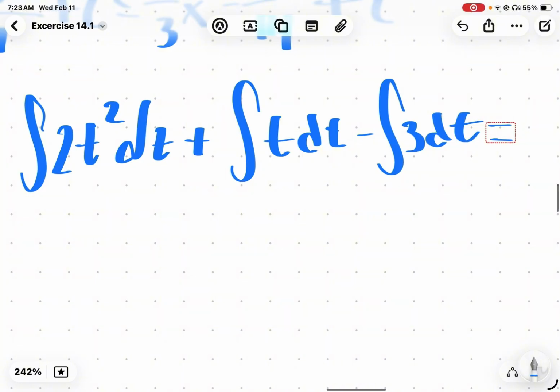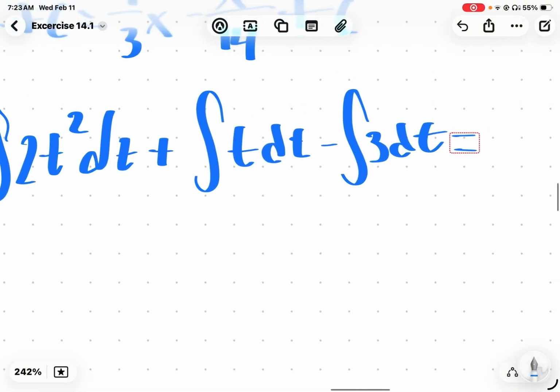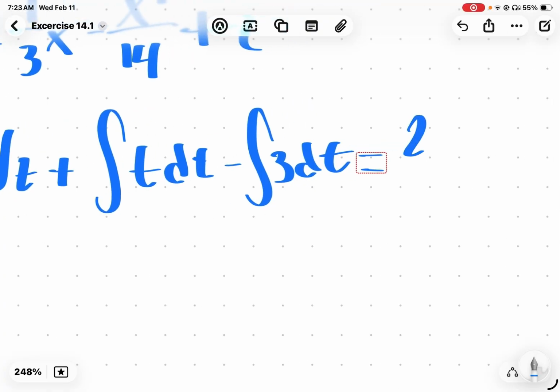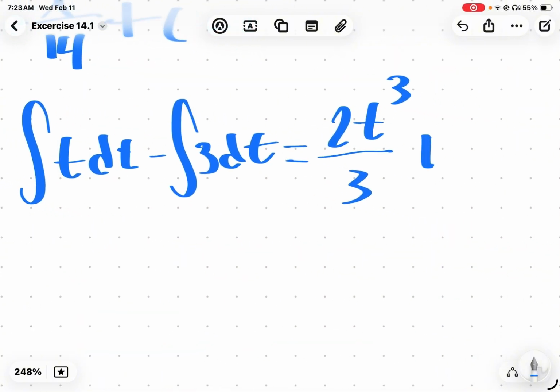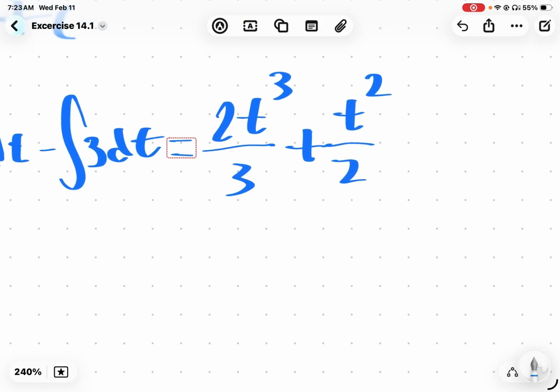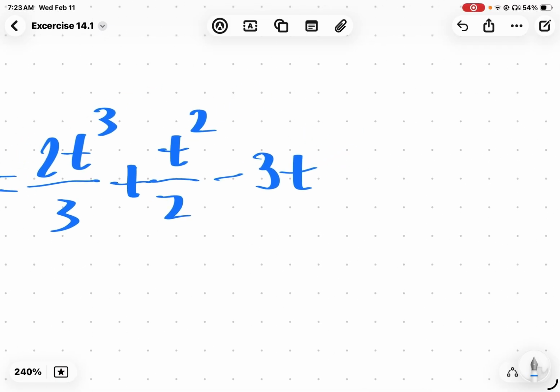The integral of 2t squared would be 2t to the 2 plus 1, which is 3, over 3, and then the integral of t would be t to the power of 1 plus 1, which is 2, over 2. This is just the reverse power rule. And then the integral of 3 would be 3t. So we subtract 3t, and then we have to have plus c.